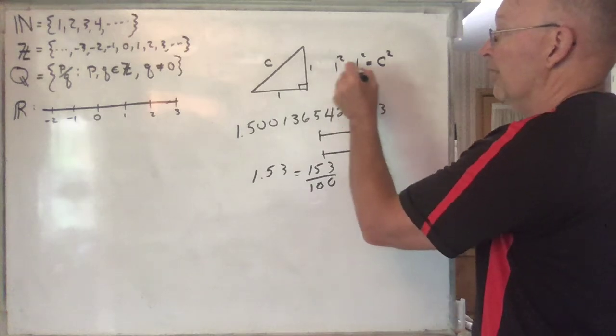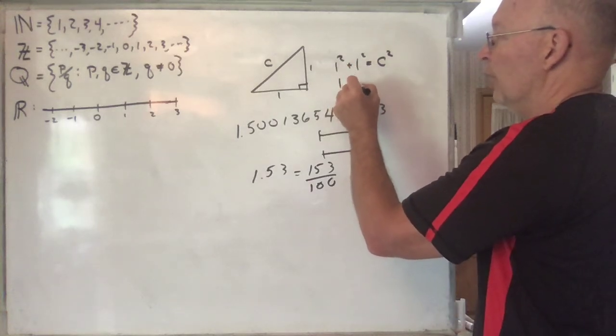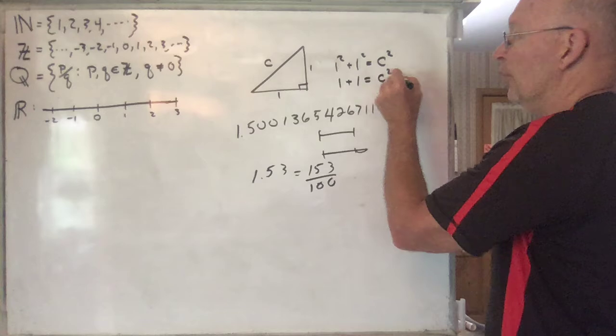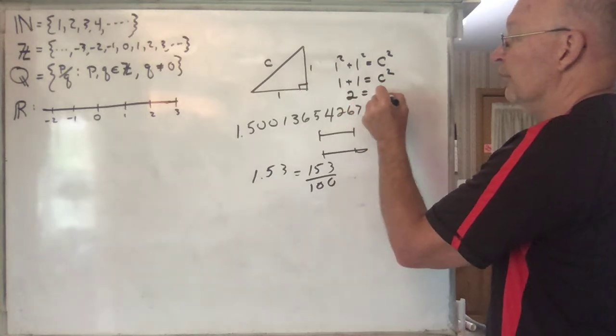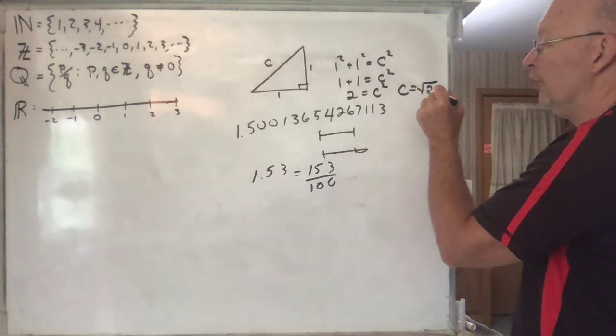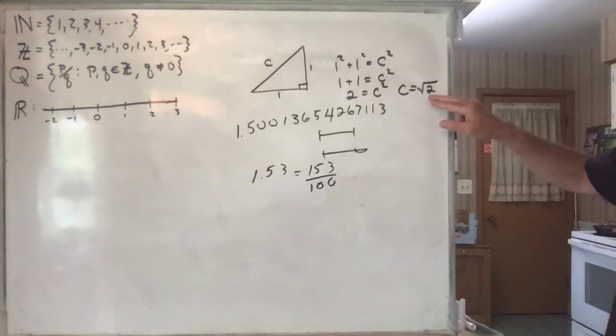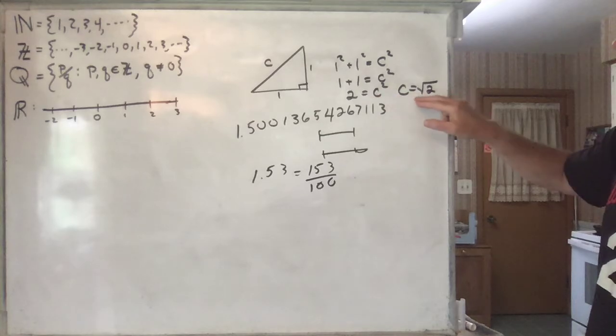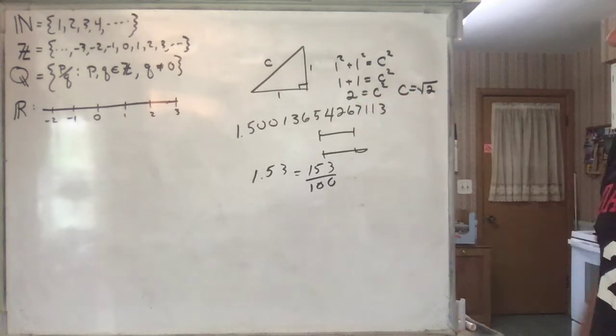And so 1 squared is 1, so it's going to be 1 plus 1 is C squared. 2 is equal to C squared. So C is by definition the square root of 2. That's what we mean by the square root of a number. It's the number such that when you square it, in this case, you get 2.